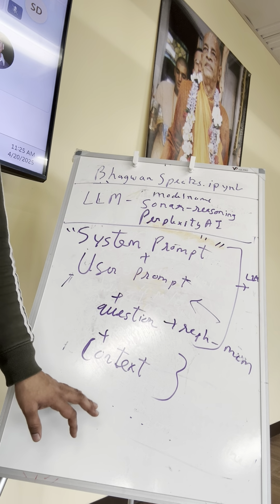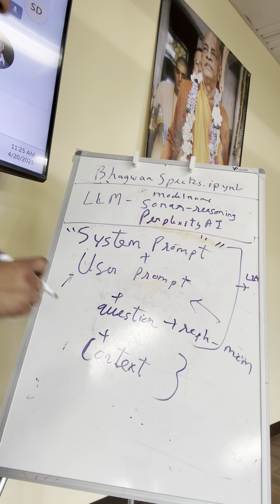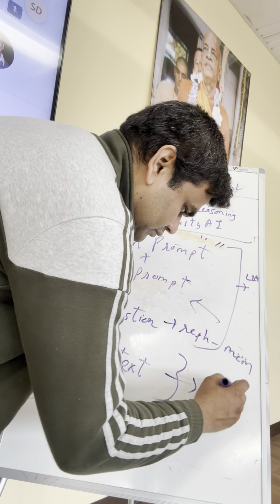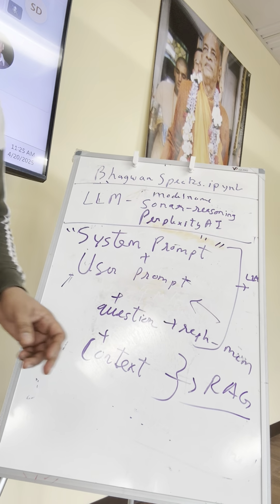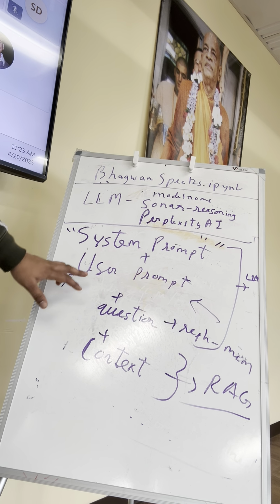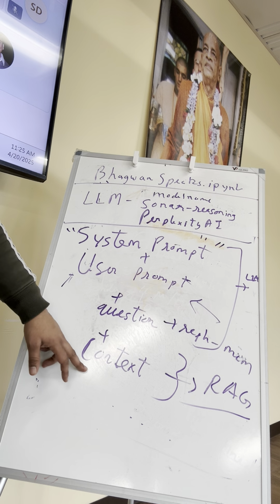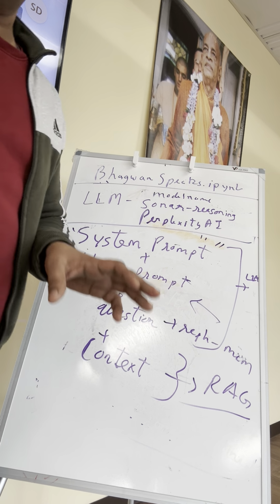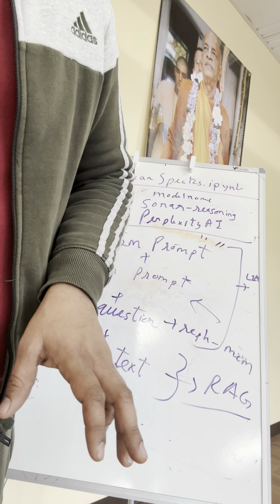So this thing is actually known as RAG, retrieval augmented generation. So this part I will erase now. I think system prompt, user prompt, question, context is clear. Now I will tell a little bit about RAG and then we will wrap up the section.